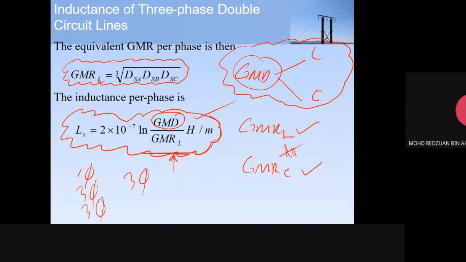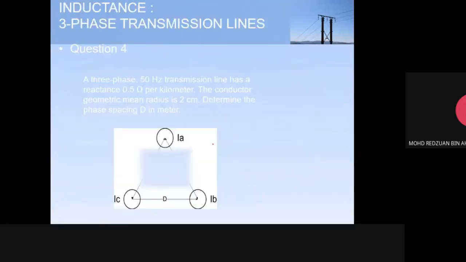That means the distance between the phases. This GMR, geometric mean radius, is the radius inside this cable. So we try to see this example.